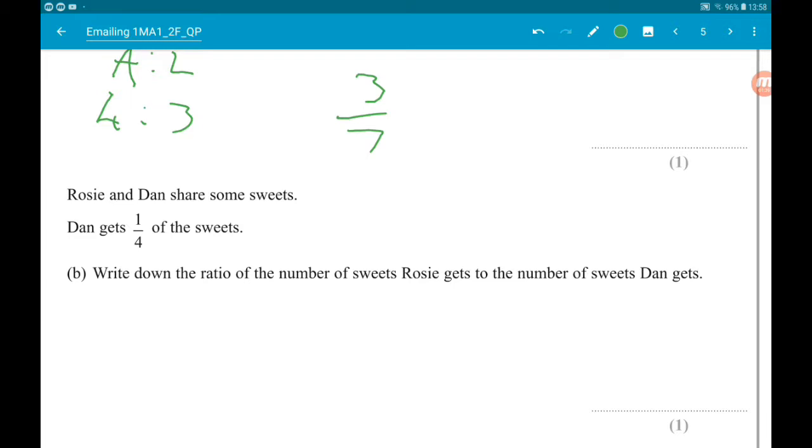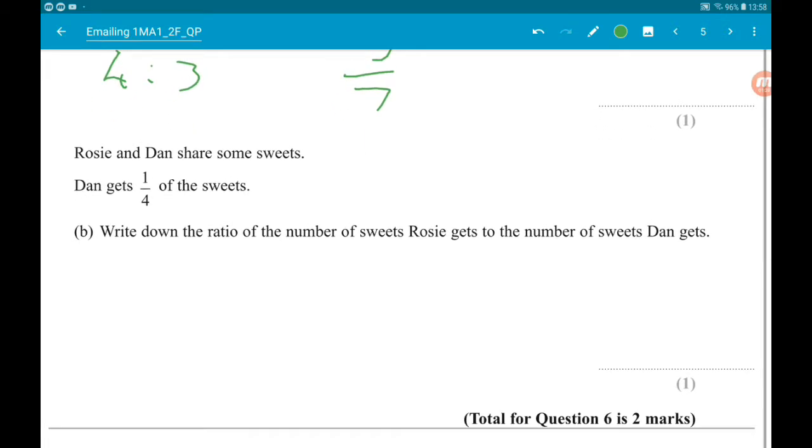Okay, so again, if Dan gets 1/4, then that means for every 4 sweets, Dan gets 1 and Rosie gets 3. So the ratio is 3 to 1. So R to D is 3 to 1.